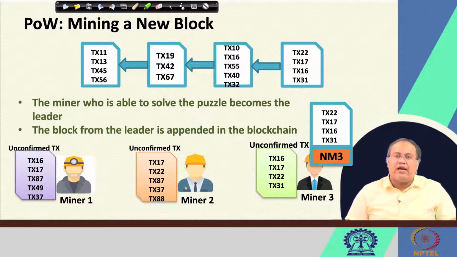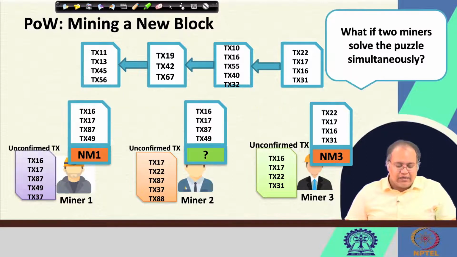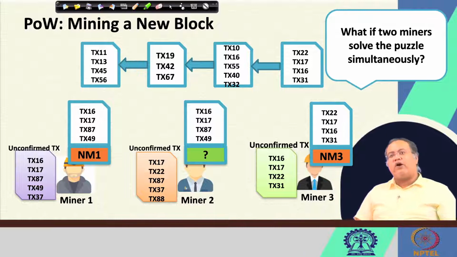Now, the question that comes here is: what if two miners solve the puzzle simultaneously? This can always happen, right, because ultimately it is a brute force method. Everyone is trying to find a solution. So, it might always happen that two miners are able to find the solution almost at the same instance of time.